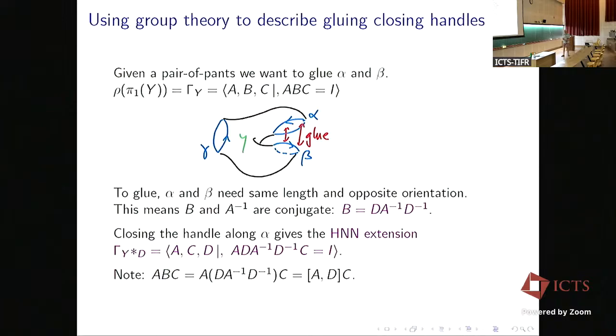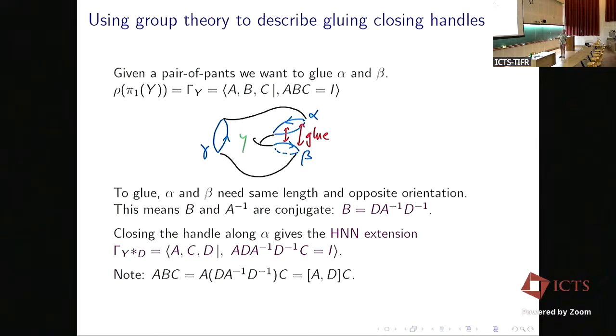So what you see is that if I replace B with D A inverse D inverse in my relation A, B, C is the identity, I get that the commutator of A and D times C is the identity, which is exactly the relation you would expect from here.